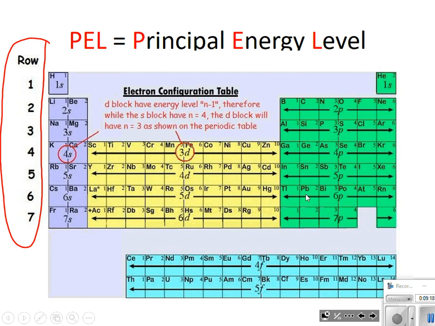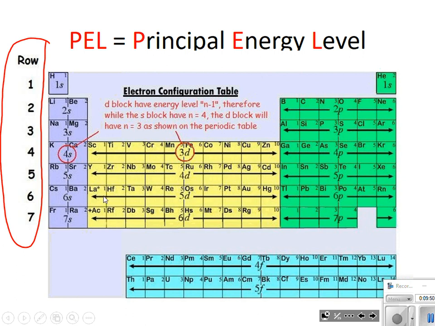Yes, sir. Yes. Yeah, the ones at the bottom, just fit them in where they go on the table. All right? Now, what you're going to see here is that, based on overlapping and stuff that occurs, the numbers are going to be a little bit different. It's not quite that easy to say, all right, since the lanthanide series fits right in here, that they're going to be on energy level 6.